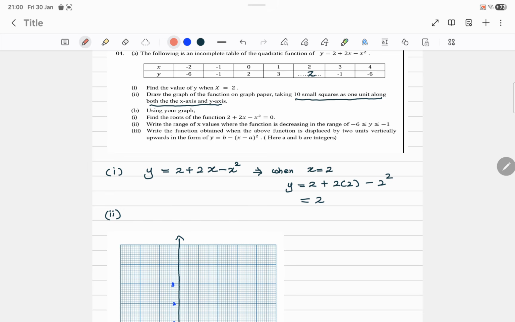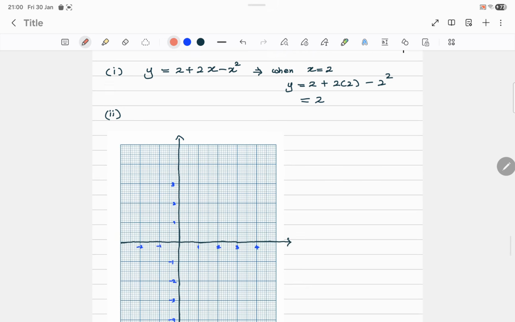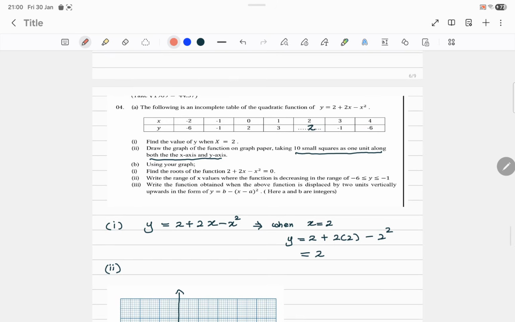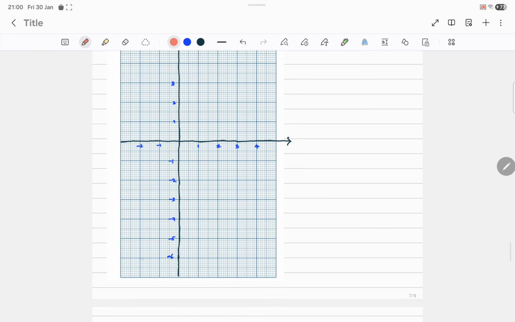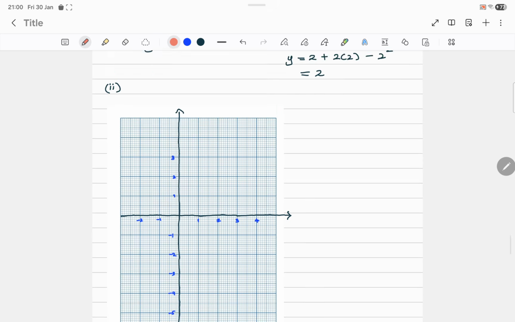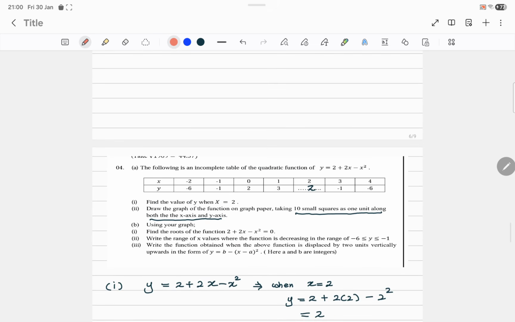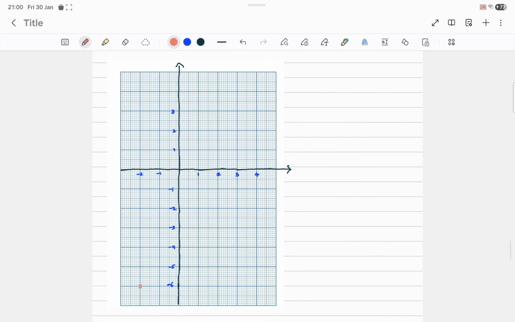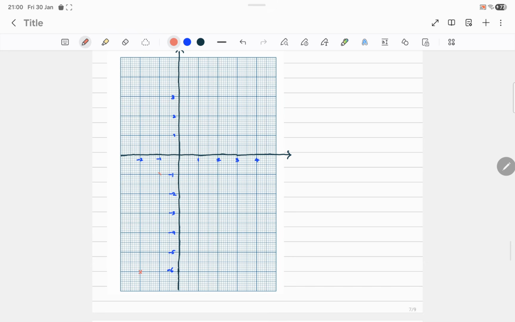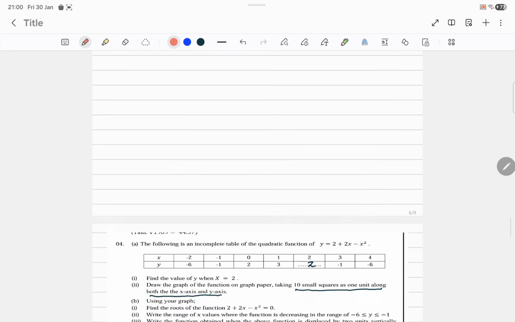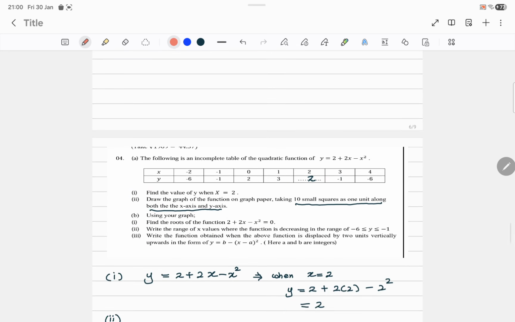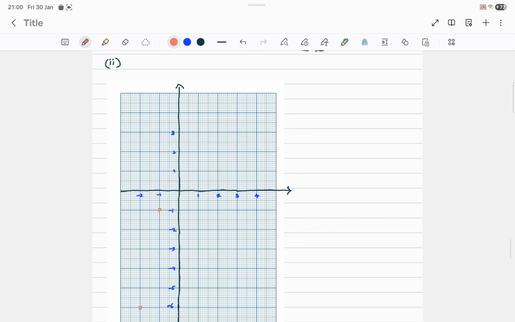We'll start with this. When x is -2, y is -6. So this point. When x is -1, y is -1. So this point. When x is 0, y is 2.